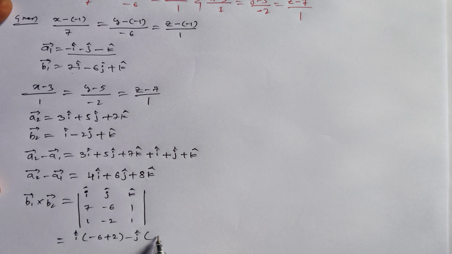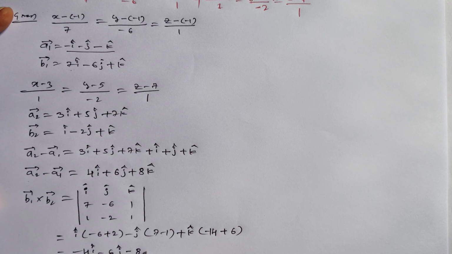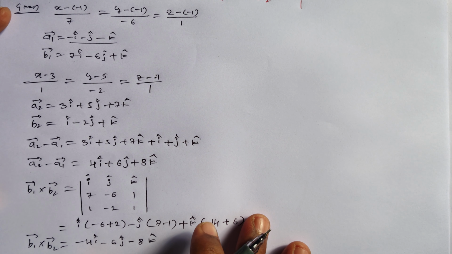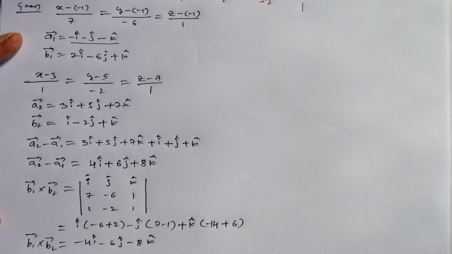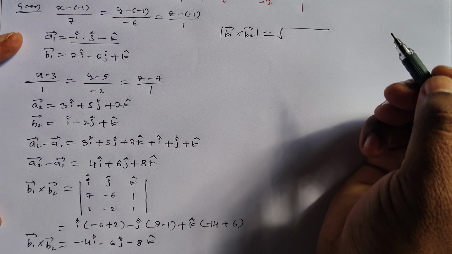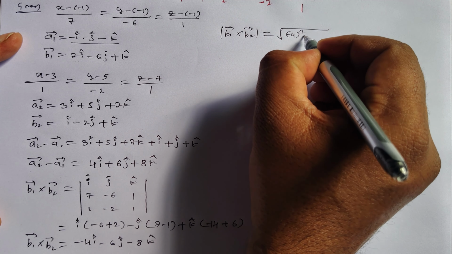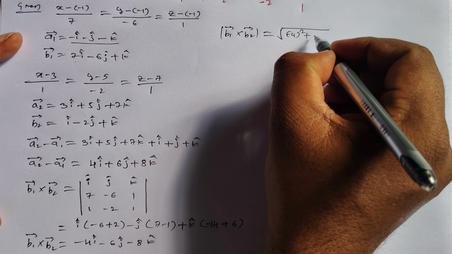So next, that is equal to minus 4i, 7 minus 1 becomes 6, minus 6j, minus 8k cap, right? So this is b1 cross b2. Okay, next, to find the magnitude of b1 cross b2, it is equal to root of minus 4 square plus minus 6 square plus minus 8 square.